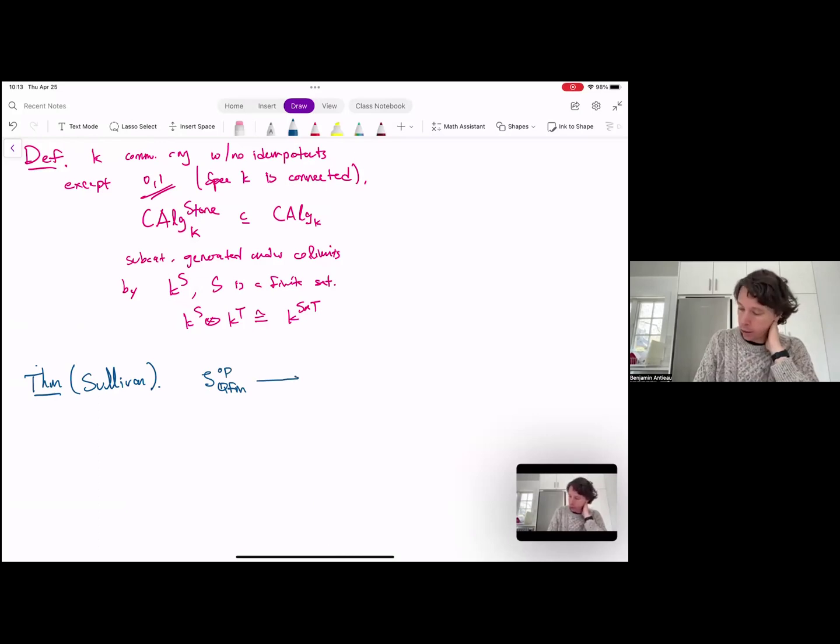a contravariant functor to, I'll just write this, DAlg_Q coconnective. These are derived commutative Q algebras, or you could say E infinity Q algebras, which are coconnective, meaning that H^i of R is 0 for i less than 0.